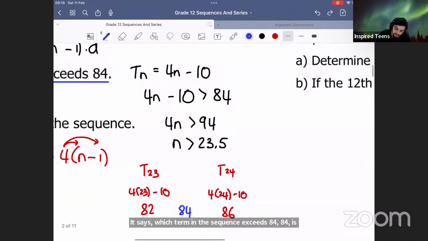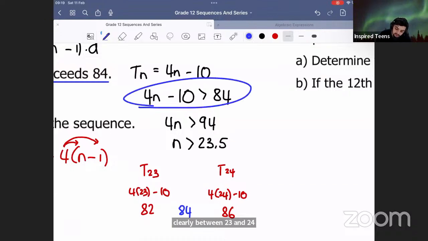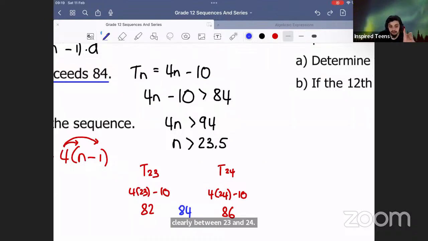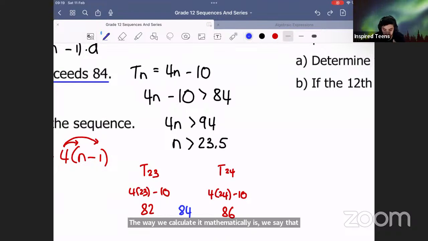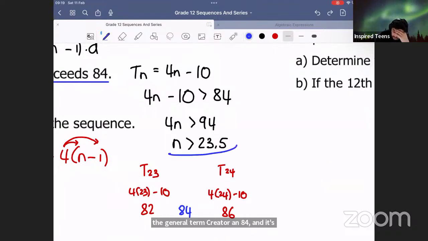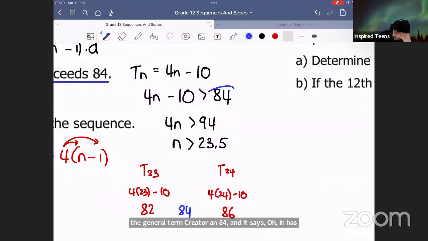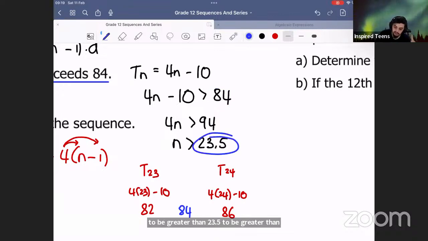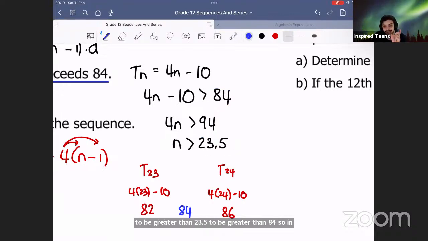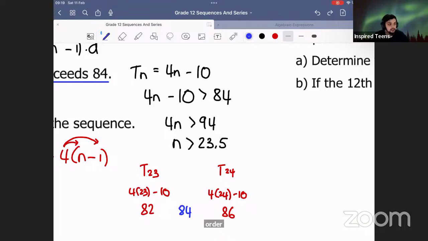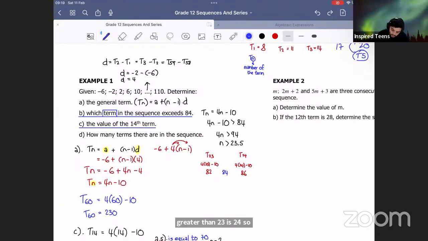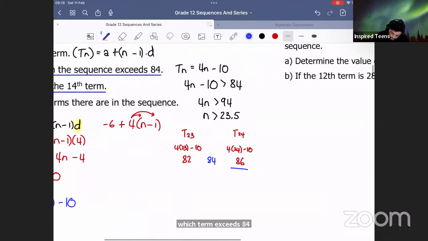The way we calculate it mathematically is we say that the general term is greater than 84, and n has to be greater than 23.5 to be greater than 84. So the first term number that's greater than 23.5 is 24. So which term exceeds 84? The 24th term.